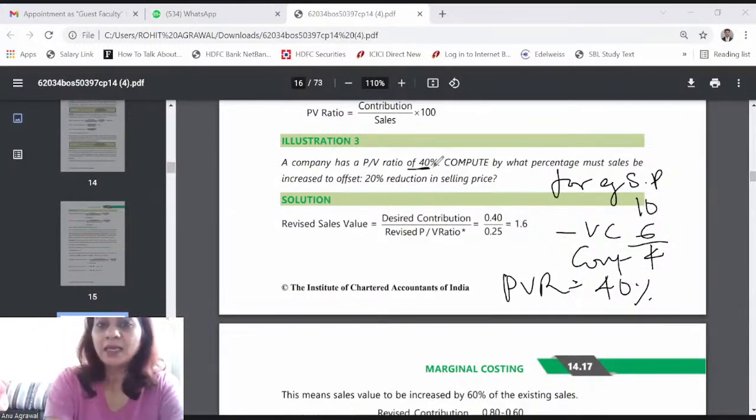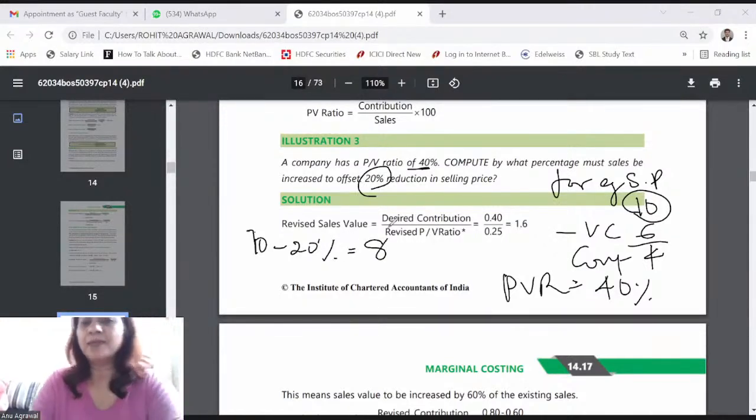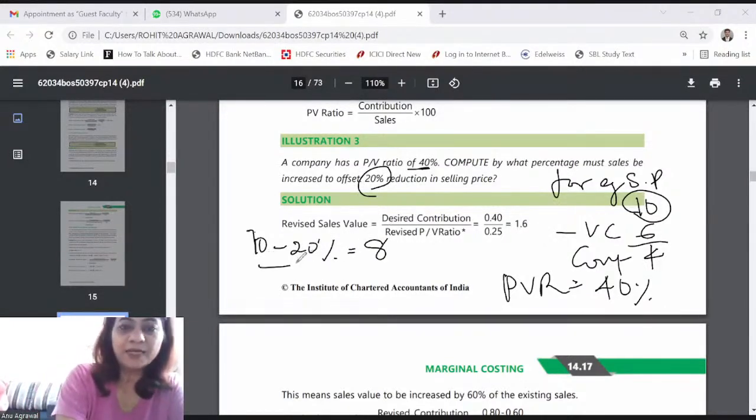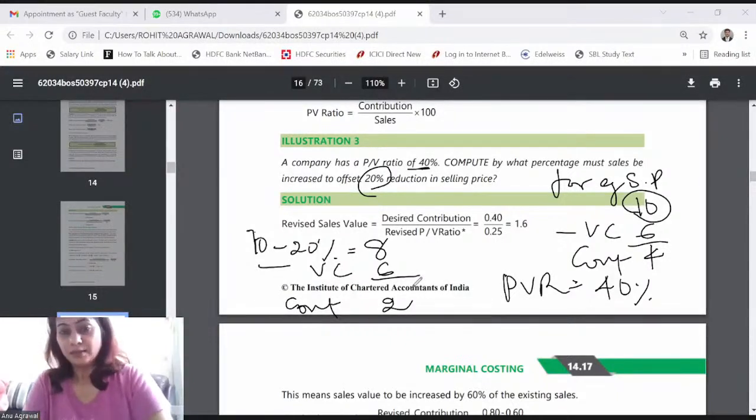Now if selling price reduces by 20%, the selling price from 10 will reduce by 20%. That means it will become 8. If it becomes 8, variable cost won't change, but my contribution will become 2 now.